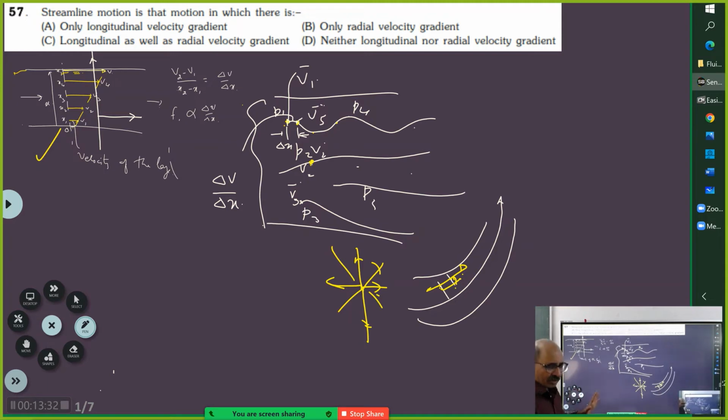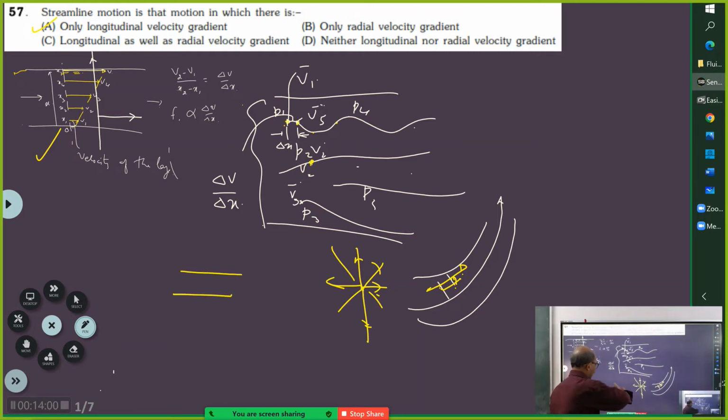Yes, steady flow is also correct. Will you all agree? It is A? Yes, sir. Let me see the option. Which is this problem? 57. A is the option. Okay? Done.